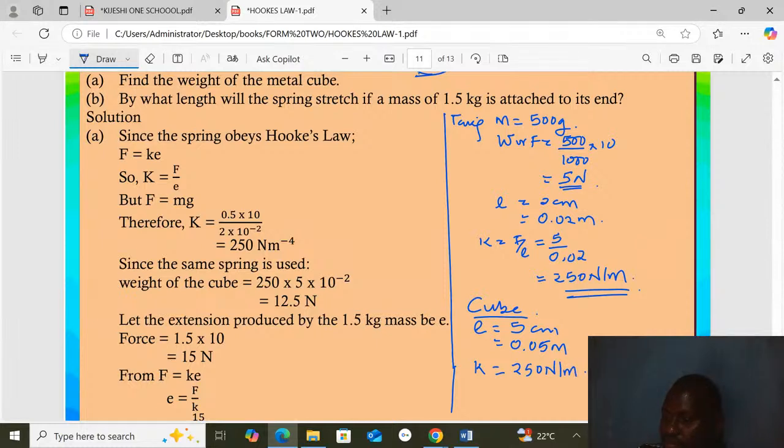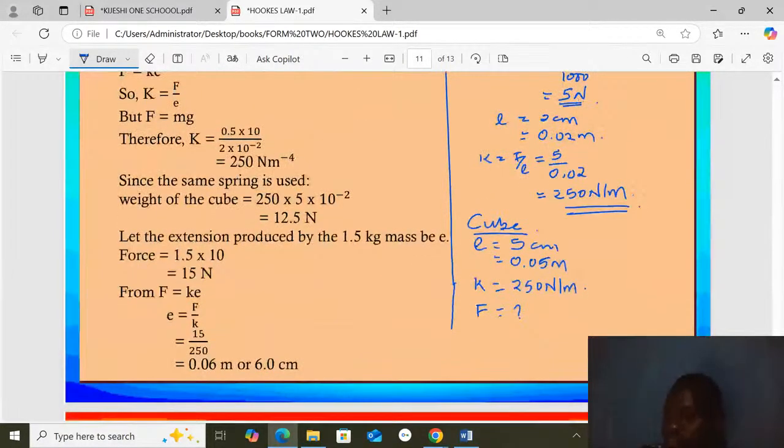Then we're supposed to ask ourselves, what about F? Therefore, our F will be the same as KE, which is 250 times 0.05.